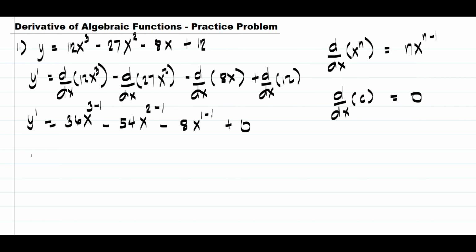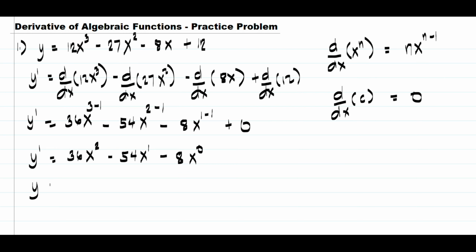So y prime is equal to 36 x raised to 3 minus 1, that is 2, minus 54 x raised to 2 minus 1, that is simply 1, and then negative 8 x raised to 1 minus 1, that is 0, and then we are going to disregard 0.